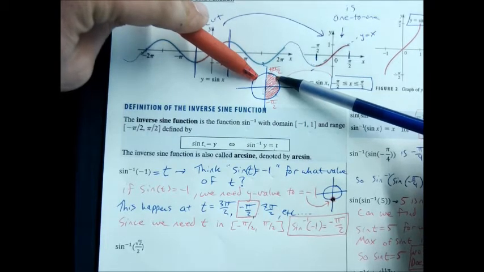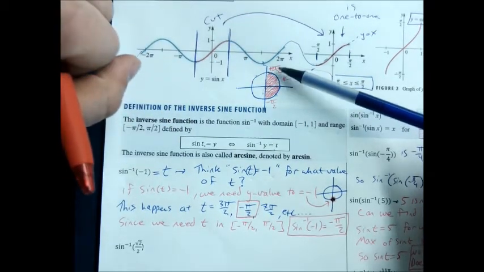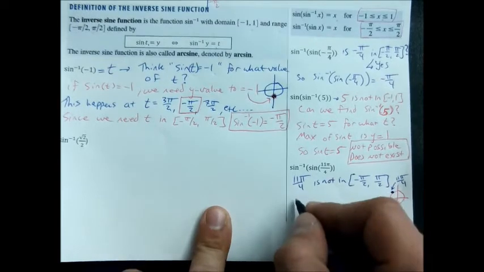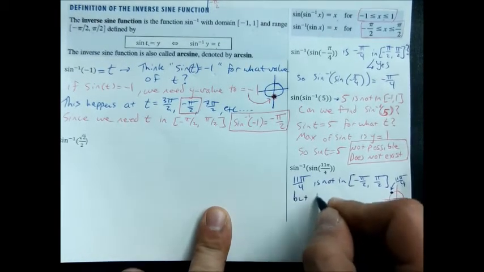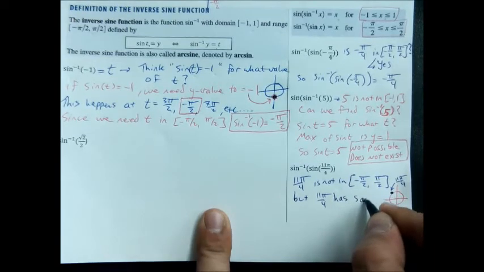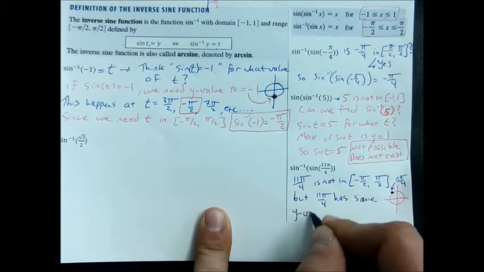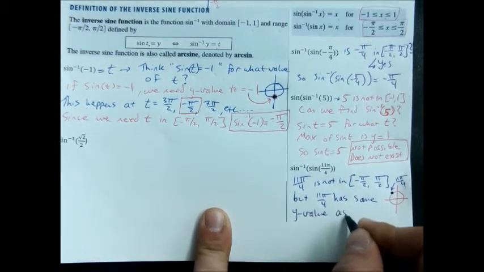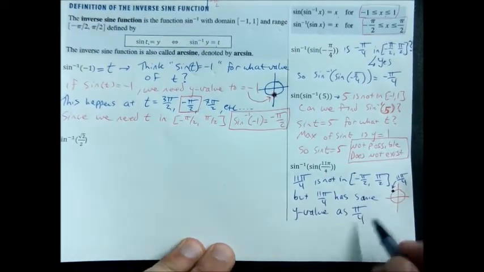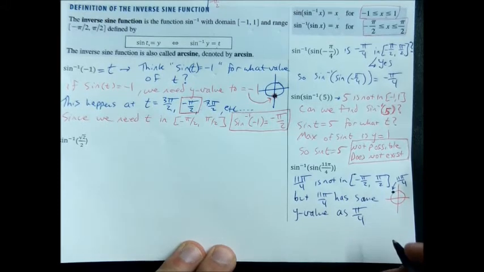Pi over 4, yeah. And that would be between minus pi over 2 and pi over 2. And so let me write that down. 11 pi over 4 doesn't work, but 11 pi over 4 has the same y value as pi over 4. And pi over 4 is in the correct interval.